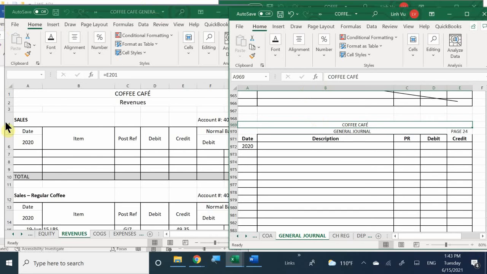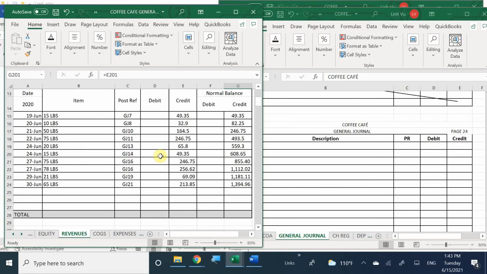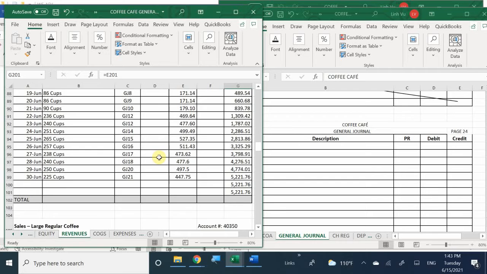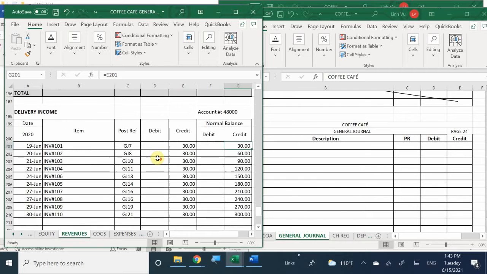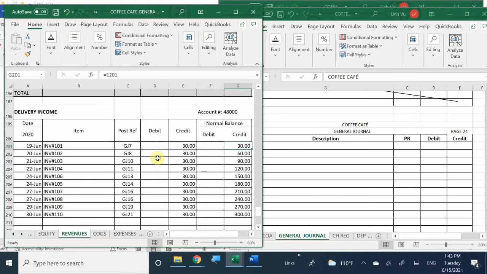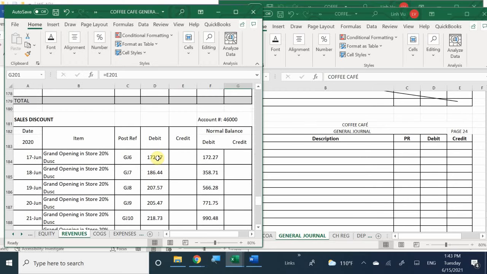Now, let's take a look at our accounts. Most of them are indeed going to be credit accounts, and then we have a few here and there. Our sales discount and our sales returns and allowances are debit accounts.